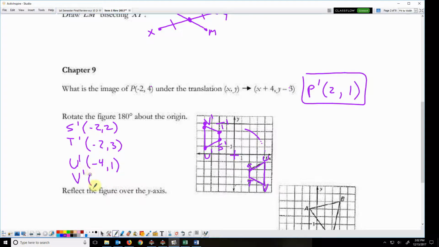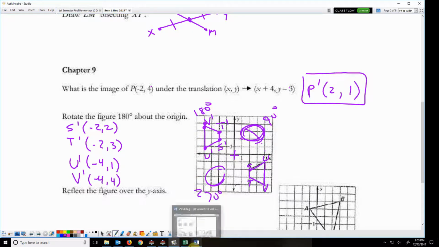And V prime is at negative 4, 4. So if it was in this range, it would be a 90-degree rotation. If it made it all the way around to here, it would be a 270. So this would be 90 degrees, 180 degrees, 270 degrees.